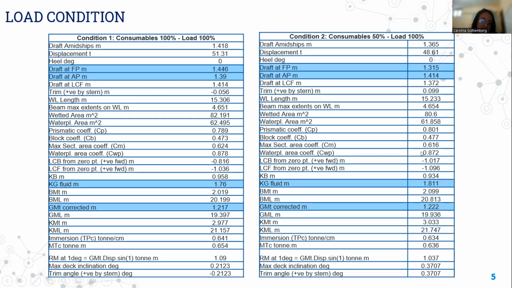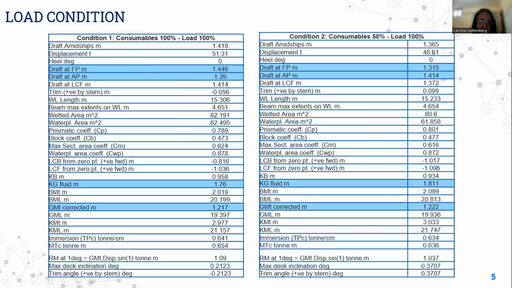Two conditions are analyzed. The first is considering 100% of consumables. The permeability is 95% of the fuel and 10% of the slops.